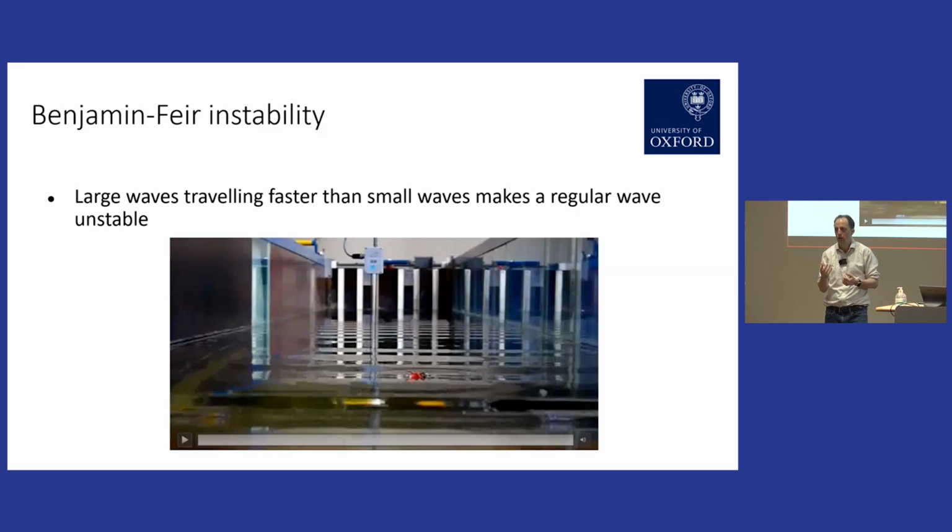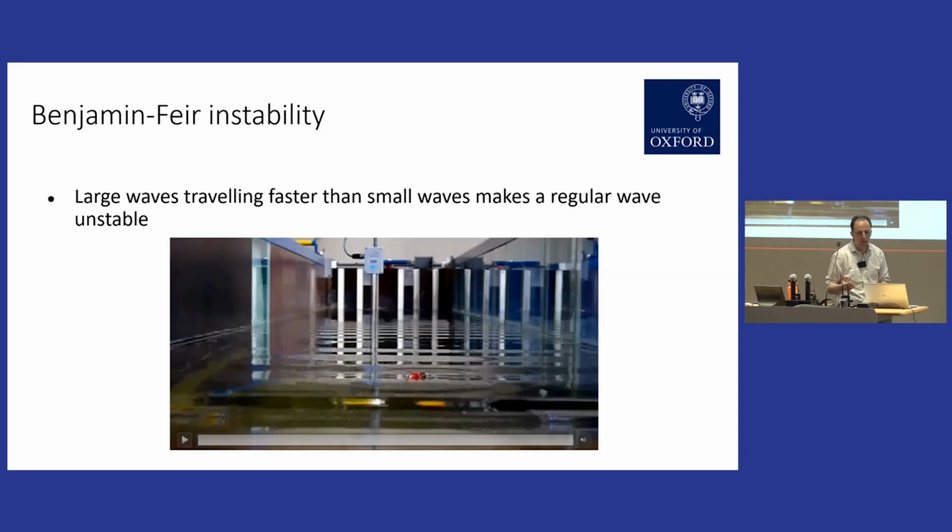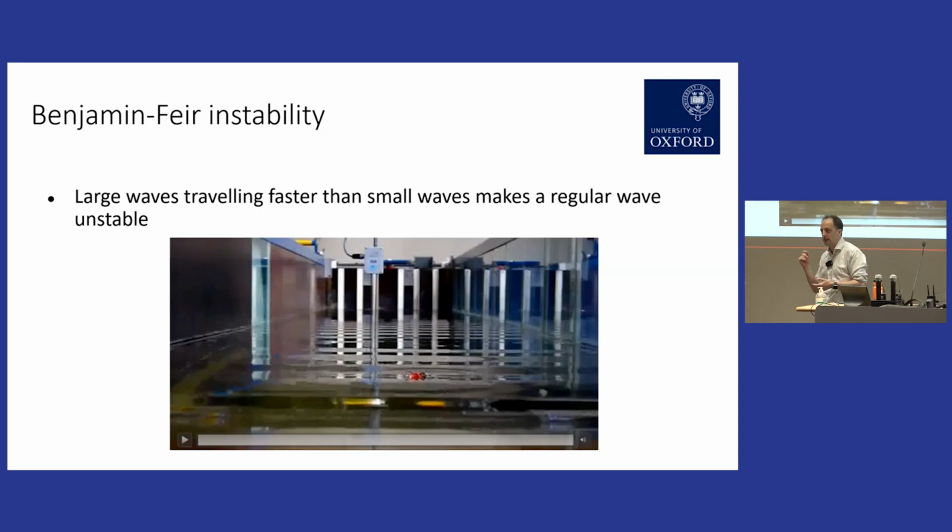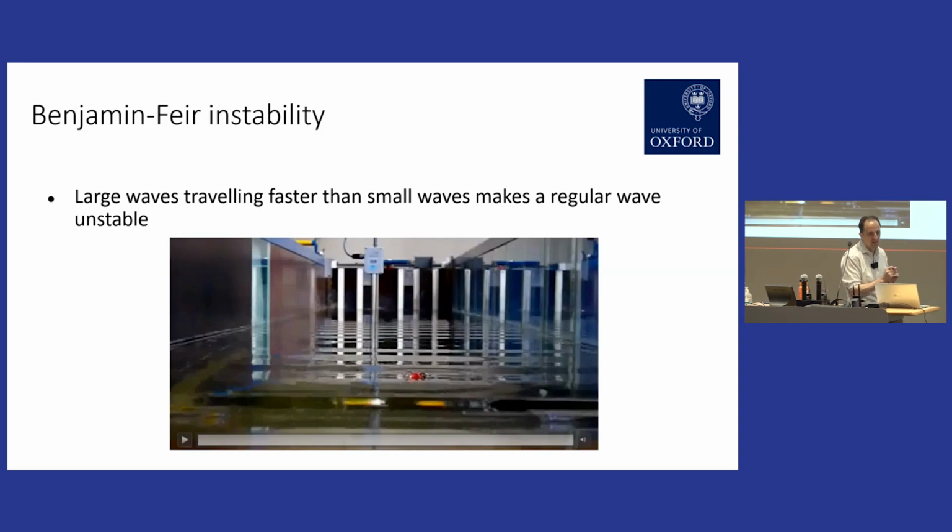Sometimes having just one frequency on your structure makes analysis easier. But if you're in deep water, and I should stress only if you're in deep water, but often we are, and you're in a long flume and you're trying to do model testing, it might actually be quite hard to avoid this phenomenon, which is going to mess up your nice, well-behaved regular wave.